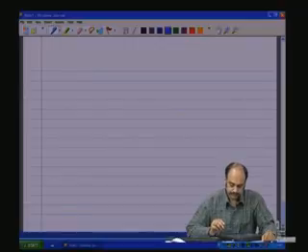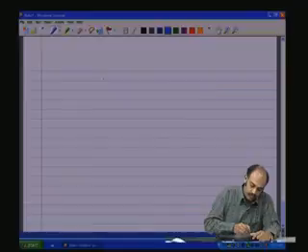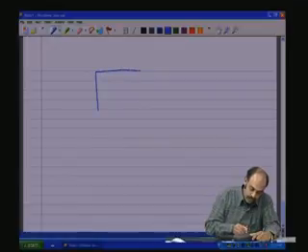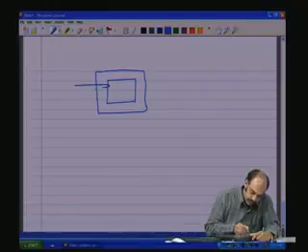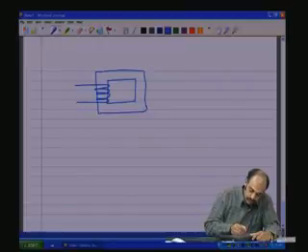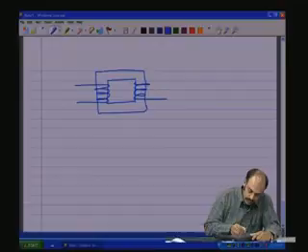Now, we have the transformer, and we have been representing this transformer in this fashion. That is, we draw a square core, and then we have the windings, which are written like that.